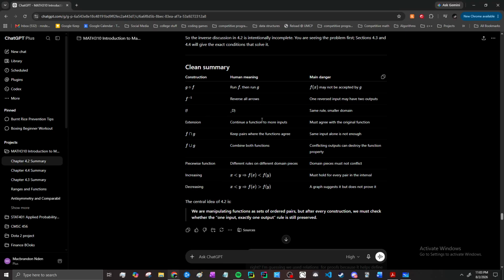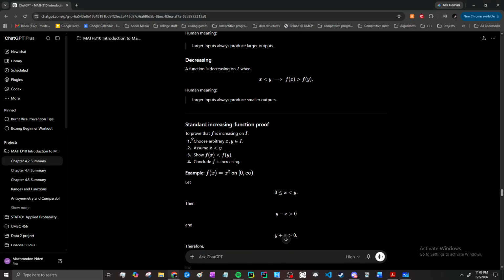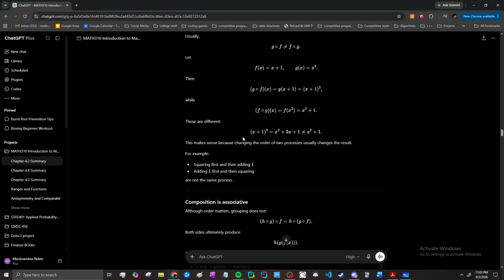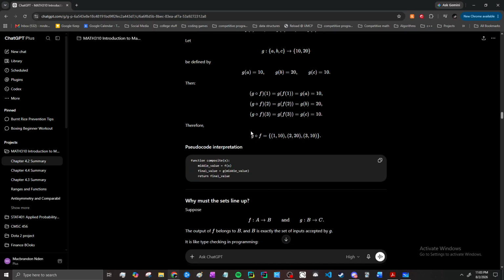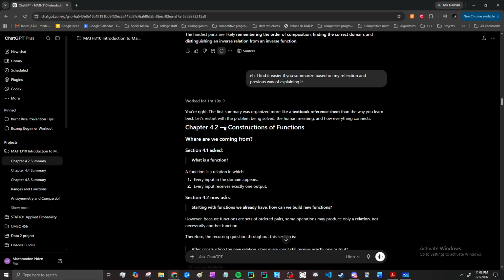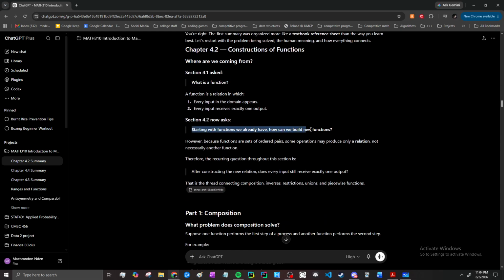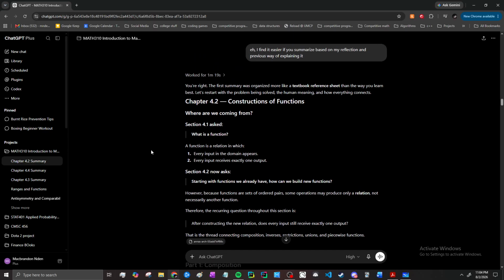Okay, so I'm just gonna give a little refresher. I'm pretty sure composition. So let's see, composition of functions, where are we coming from? What is a function? Functions are relations. We did go back to sets and relations.